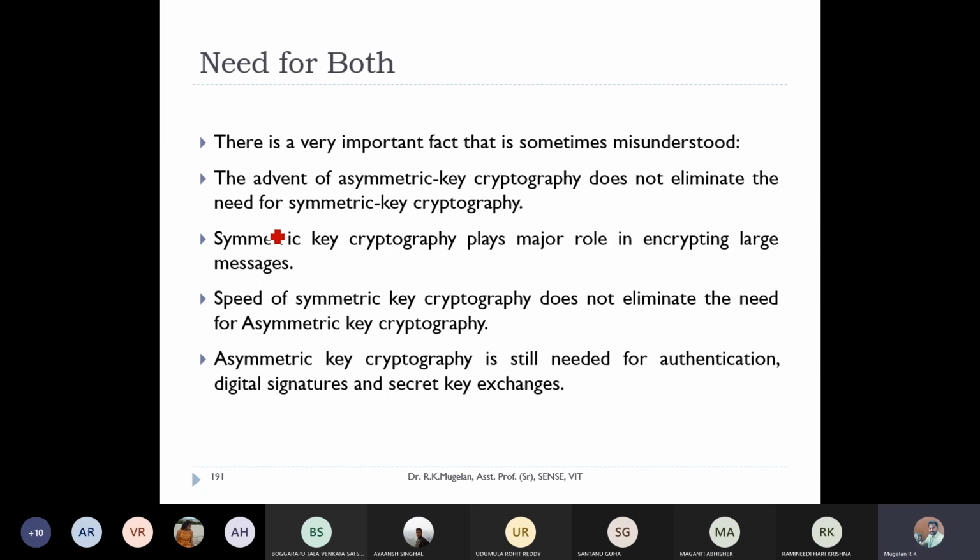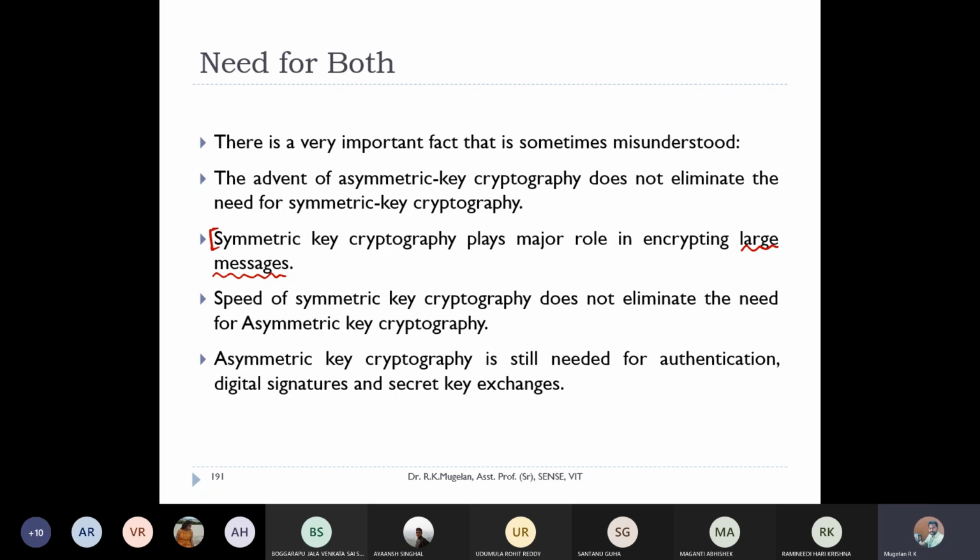For example, symmetric key cryptography plays a major role in encrypting whenever your messages are very large. Computational time is less in symmetric key cryptography compared to asymmetric key cryptography. We'll see why once you come across any one of the asymmetric key crypto systems. So symmetric key cryptography will play a major role whenever a large message is involved.